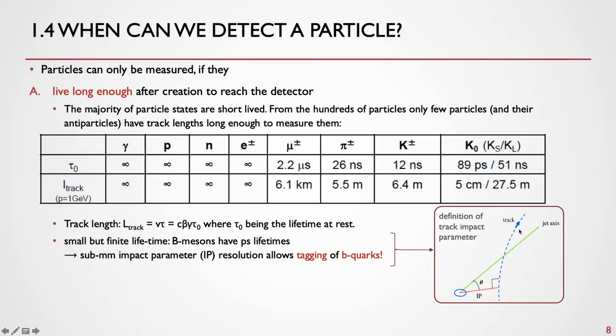When we have a few hits in the tracker here, we may calculate a track because we know the magnetic field. Then we can compute the impact parameter by computing the distance of closest approach. And this displacement needs then be consistent with the lifetime of the particle.